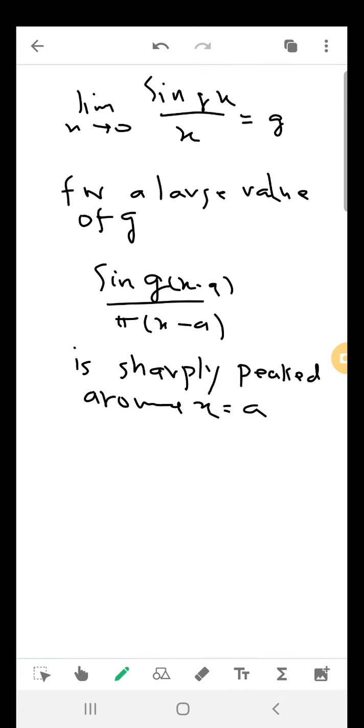So this is quite common in the case of delta function. Area under curve is unity.